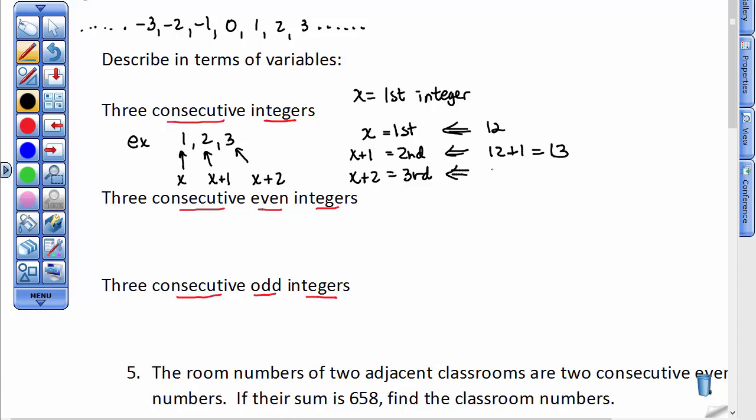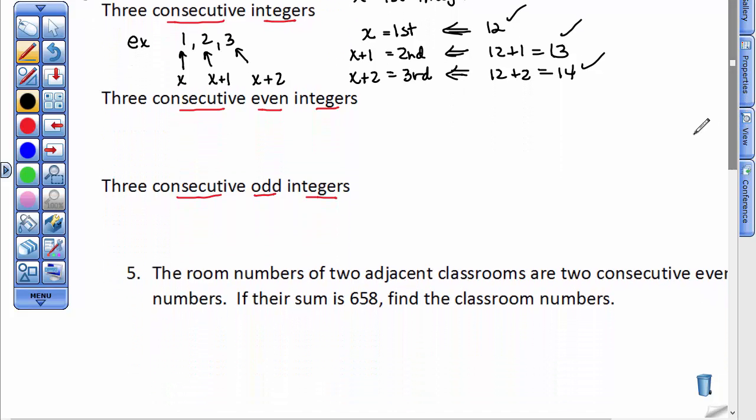And then to get the third one, you'd put x is 12 and add 2 to that, and you'd get these 3 consecutive integers, 12, 13, and 14, by letting them be represented by x, 1 more than x, and 2 more than x.